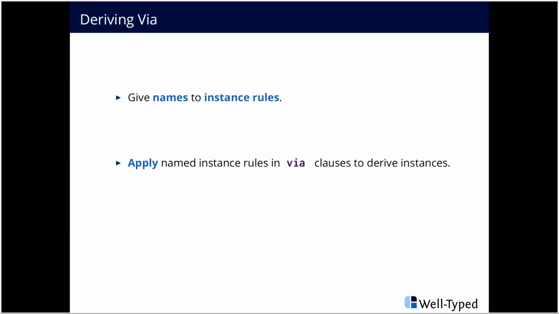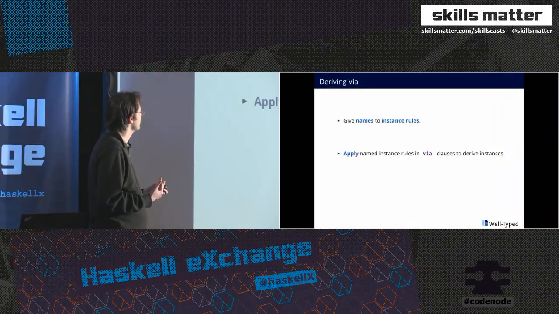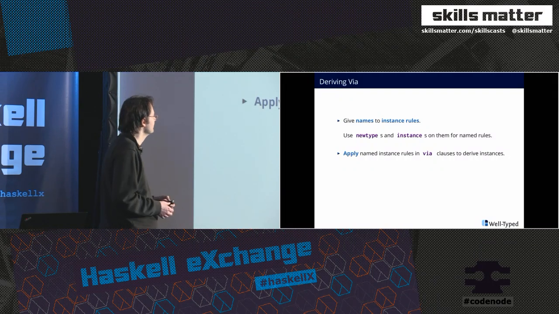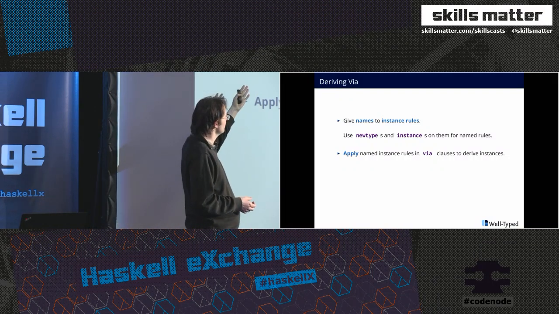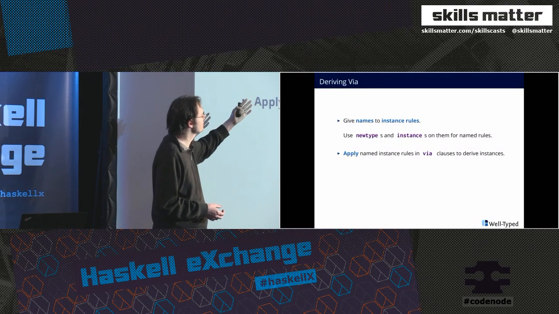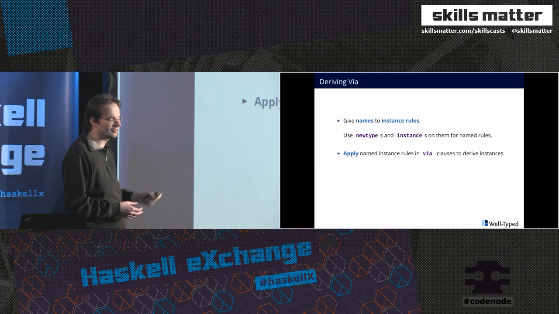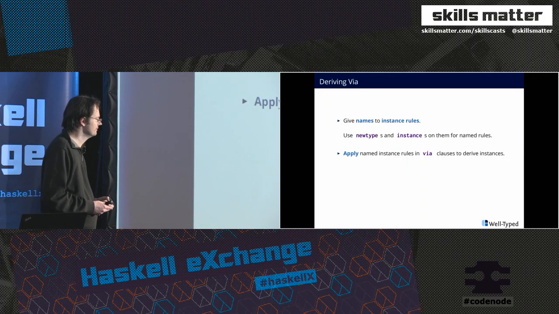And how does it work? So it's really not very deep, actually. So that's one of the nice things, that we are reusing existing features. So you use newtypes and instances on newtypes in order to do this naming and describing instance rules.